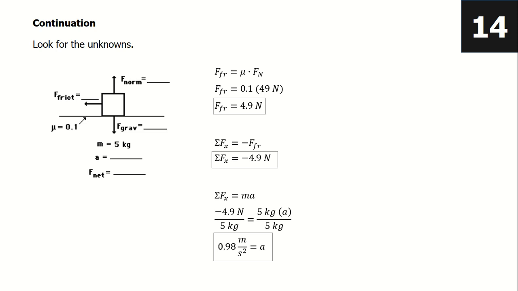The net force is negative 4.9 newtons divided by the 5 kilogram mass. So 4.9 divided by 5 will be 0.98. Newton divided by kilogram, again, is meters per second squared. So my acceleration is also negative, or to the west, the same as the direction of the net force.